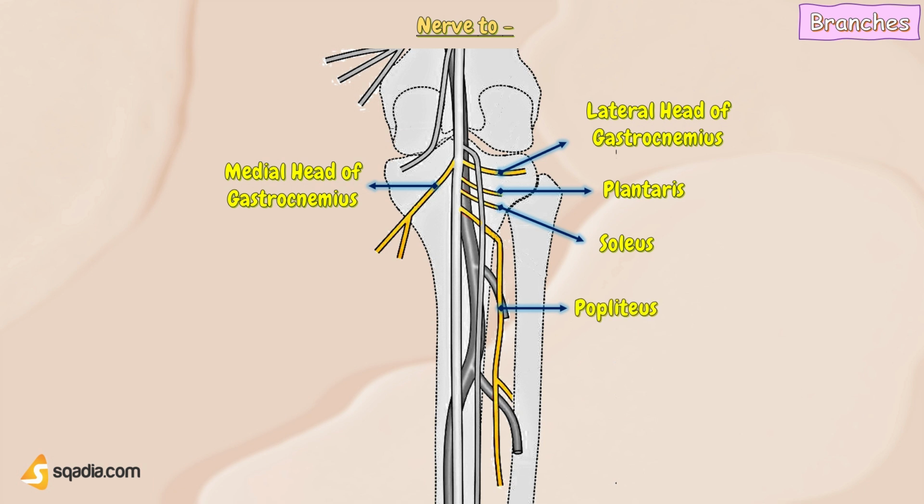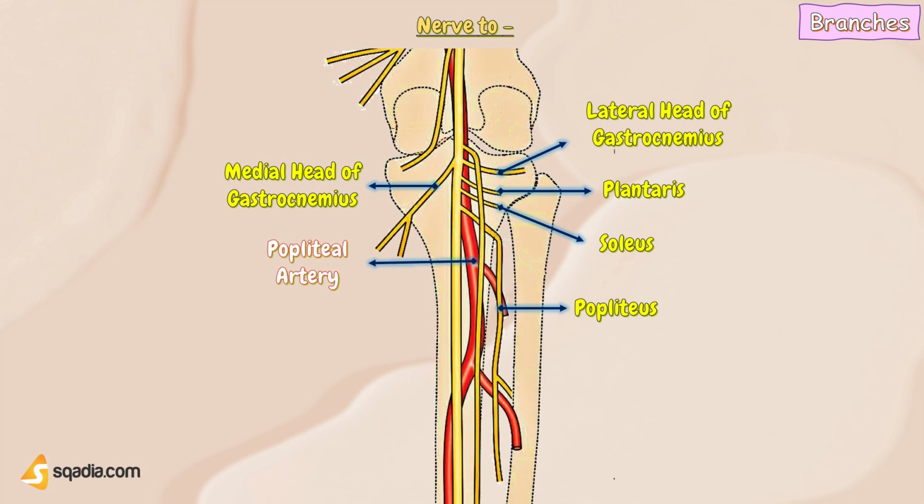The nerve to the popliteus crosses the popliteal artery, runs downwards and laterally, winds around the lower border of the popliteus, and supplies it from its deep anterior surface. In addition to the popliteus, the nerve also supplies the interosseous membrane and the superior and inferior tibiofibular joints.